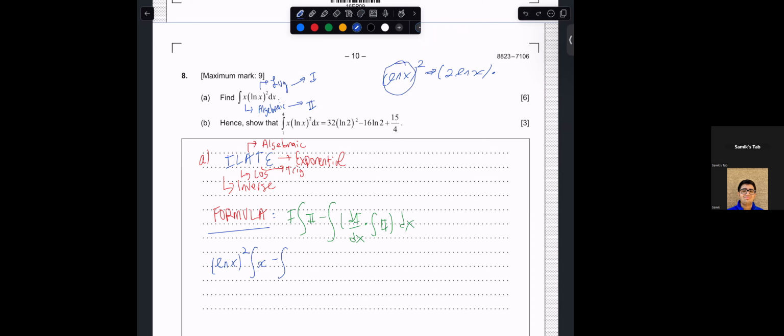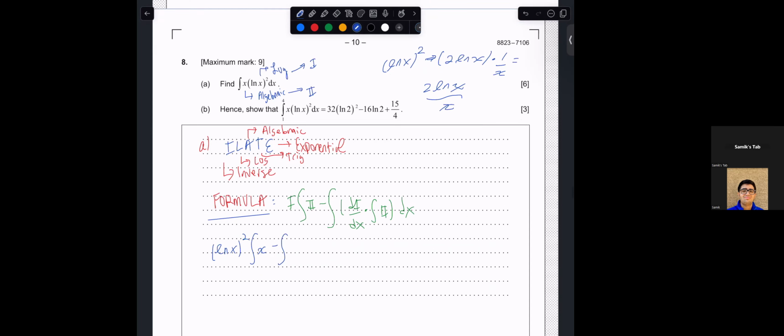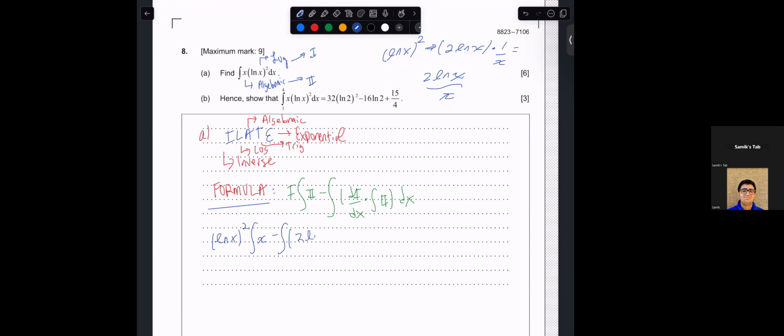We have to take the derivative of the internal portion as well. So what is the derivative of ln x? It is 1 by x. That should be memorized. So now we can write it as 2 ln x upon x.